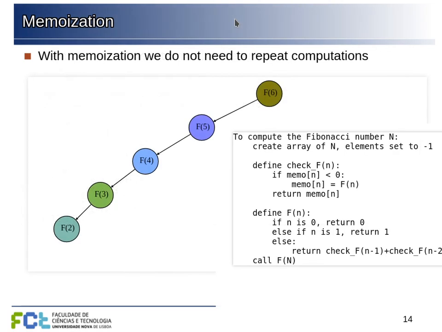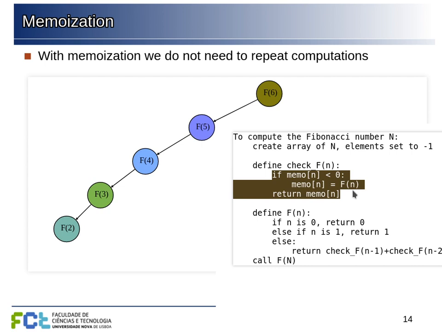So what this does is that it reduces our tree, and we get only this line of actual computations, because when we start here with n equals 6 and we need to compute the Fibonacci number of 5 and 4, we're going to call the computations for 5 and 4. This will call the computations for 4, 3, 2, and so on.